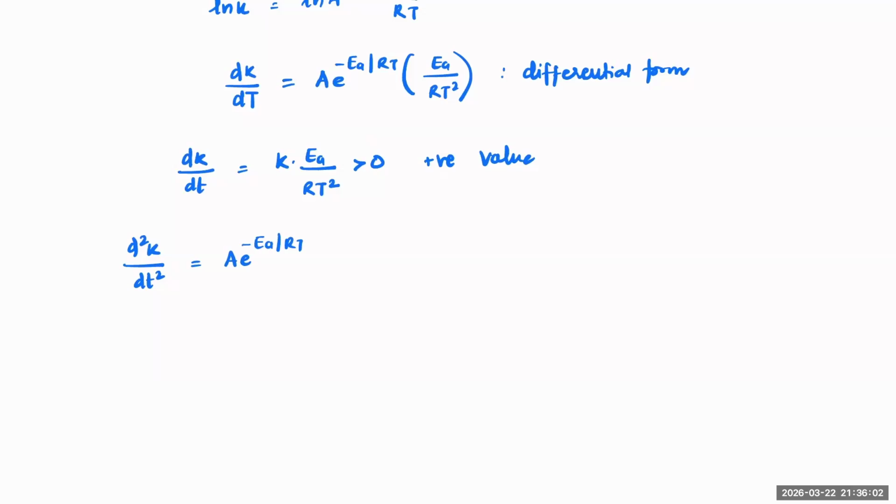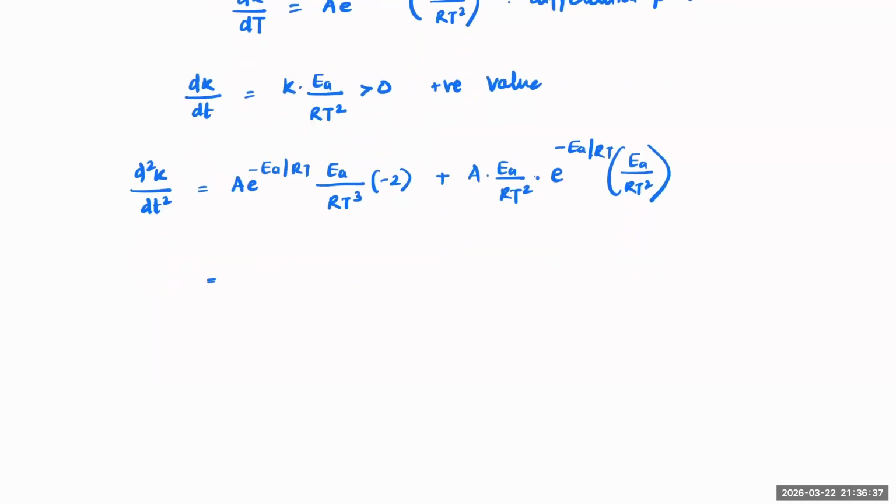If I differentiate this one, it will be EA by RT cube into minus 2, plus A into EA by RT square, and then I have to differentiate this exponential form, which is e raised to power of minus EA by RT into EA by RT square. This is what we will get.